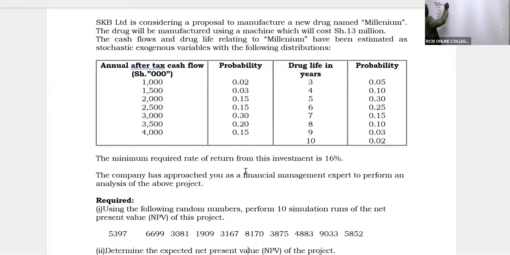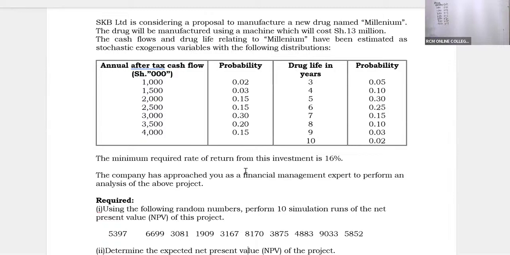And then we have probabilities. Our probabilities, I can see there 0.02, then 0.03, then 0.15, then 0.15, then 0.30, then 0.20, then 0.15.